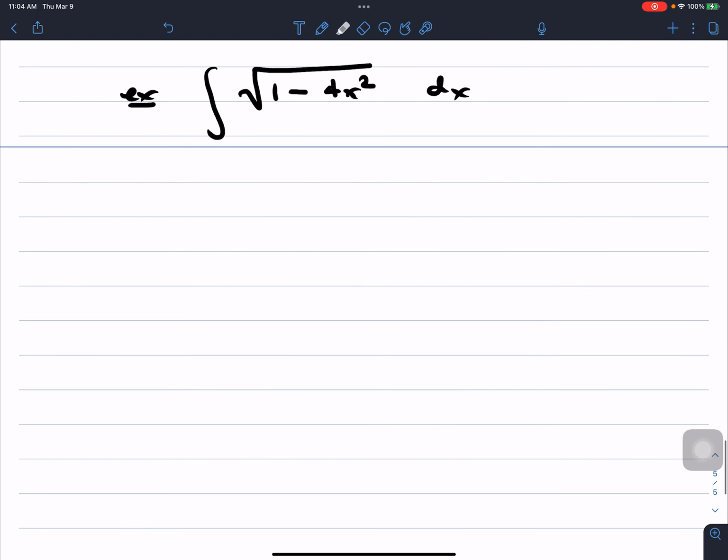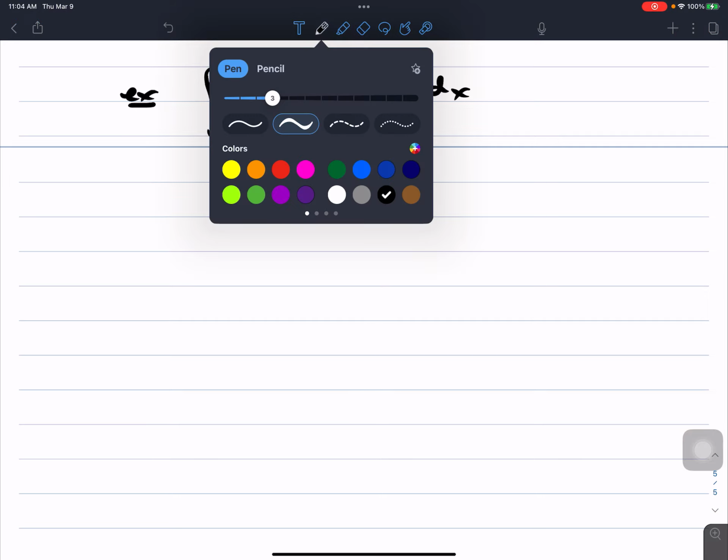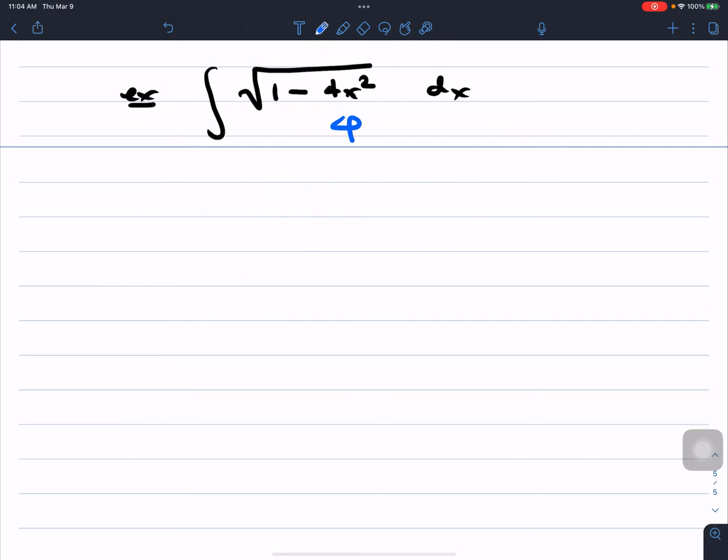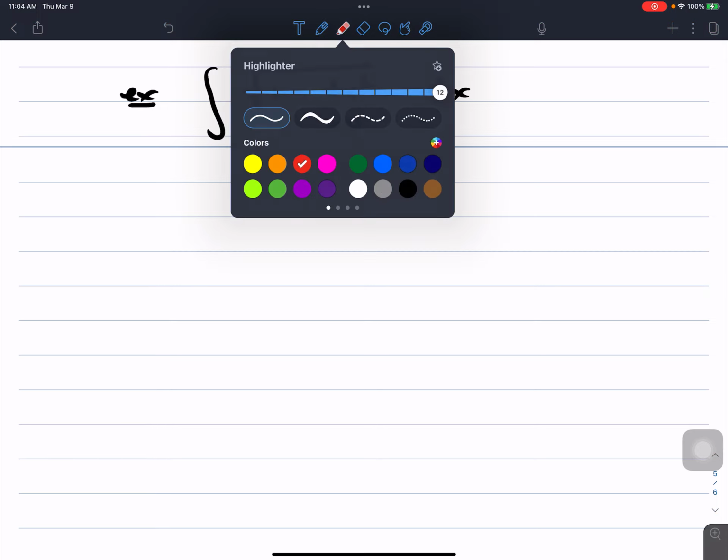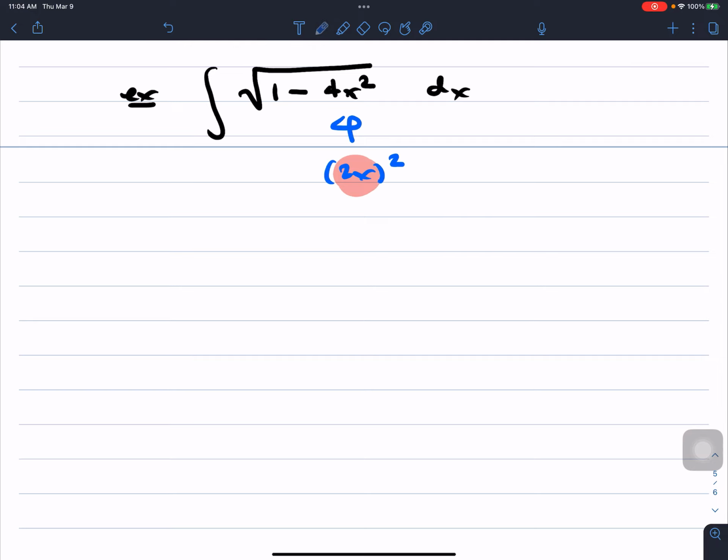It doesn't look like that at all, does it? You see, 4x squared can be written as 2x to the second power. This is really a u sub situation, where u is 2x.